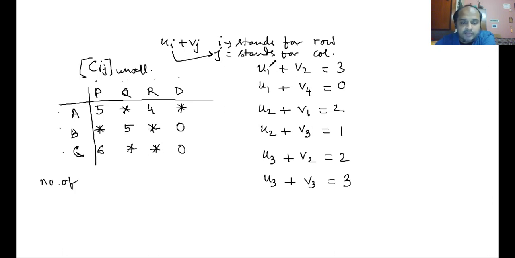So when I say U1, it means the first row, plus V2 means second column, first row, second column. Here it is, that means I'm talking about this first row, fourth column. And only this is being made for allocated cells, not for unallocated cells.